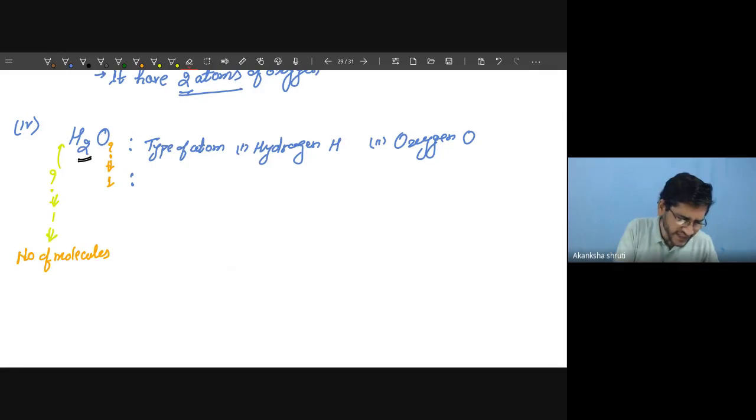The number of molecules is observed by considering the multiplication factor before the entire molecule. But the suffix, whatever is written, gives us the number of atoms. Therefore, here we can write how many molecules of water this entire one is representing. Yes, if anyone asks you how many molecules of water.